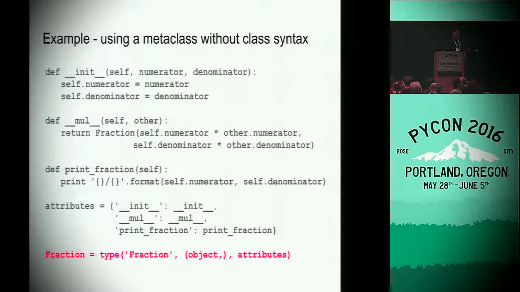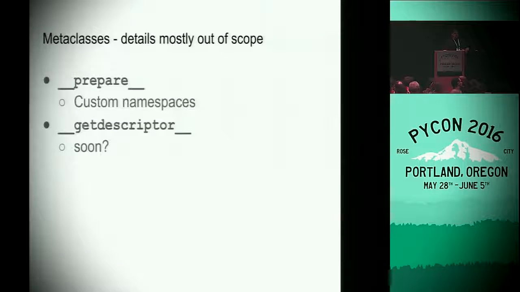The bases we had inherited from object, so that comes in as a tuple. And then the attributes that came in as a dict. And so that's sort of the other direction of what metaclasses provide. And so the big takeaway is that this is just another way of calling what Python allows to be a completely arbitrary function.